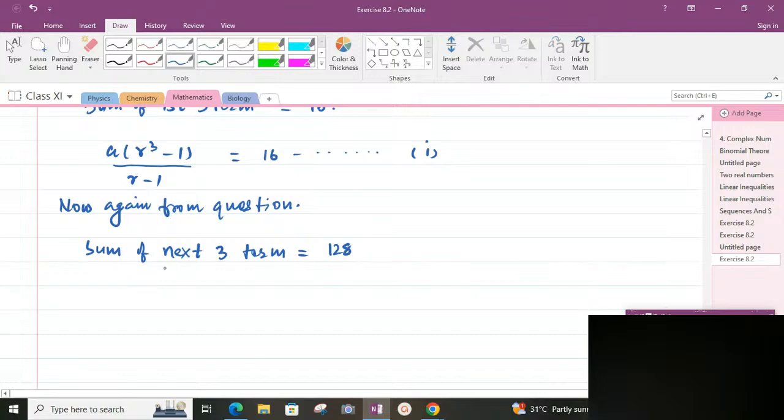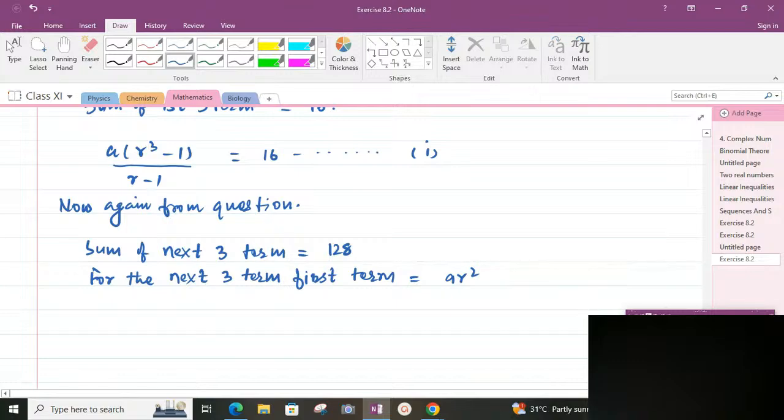For the next three terms, the first term will be AR square.